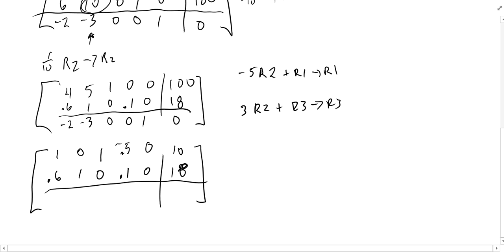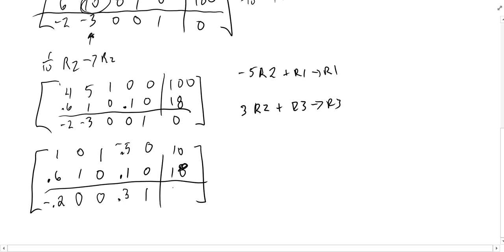All right. And then let's do 3 times row 2 and add it to row 3. 3 times 0.6 would be 1.8. And if I add that to the -2, I'll get -0.2. 3 times 1 plus -3 gives us 0. 3 times 0 plus 0 gives us 0. 3 times 0.1 plus 0 gives us 0.3. 3 times 0 plus 1 stays 1.